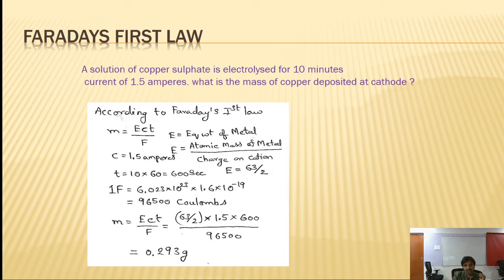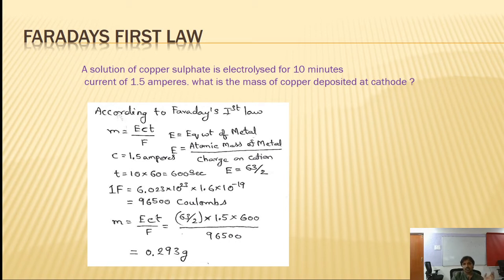And E is equivalent weight. Here equivalent weight is the equivalent weight of the metal: atomic mass of the metal divided by charge on the cation. It can be charge on the cation or number of electrons involved in the redox reaction.